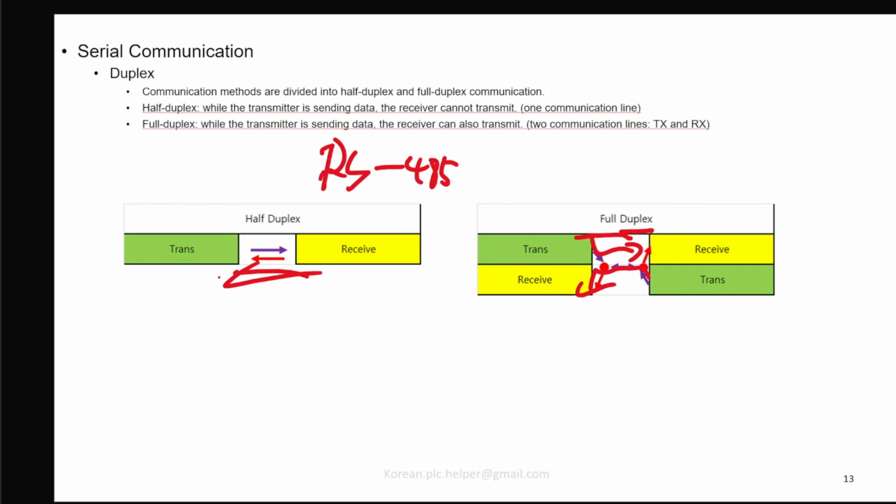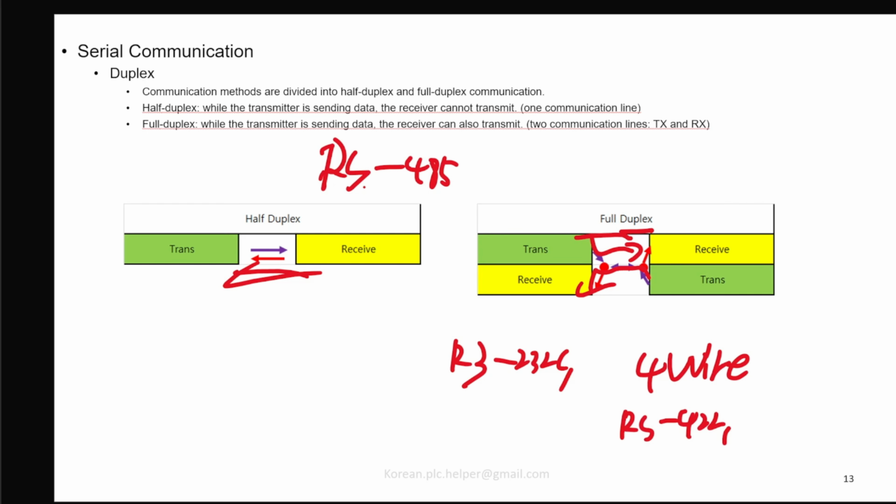In other words, transmission and reception can occur simultaneously. Representative examples include RS232C and 4-wire RS422 and RS485 communications.